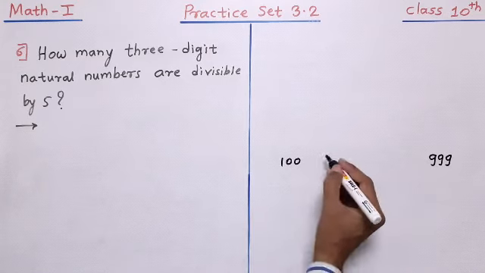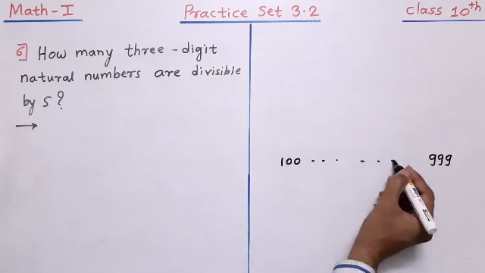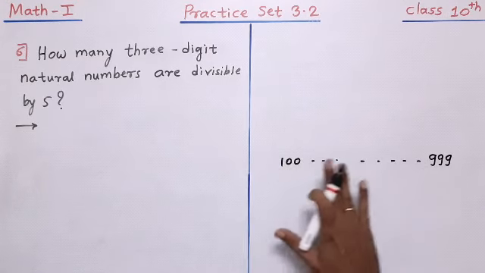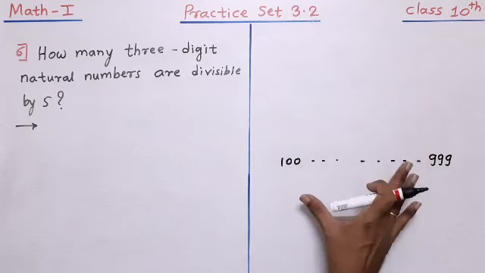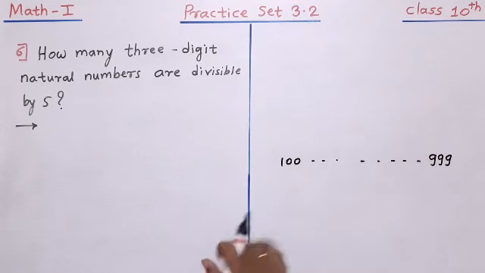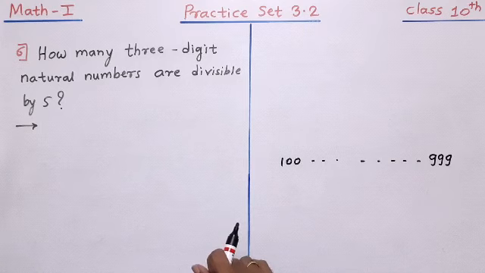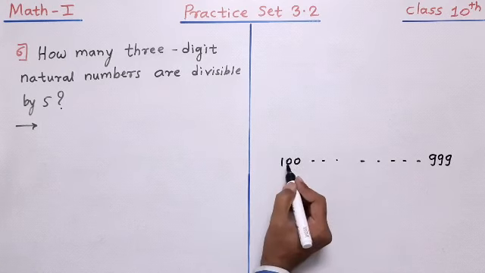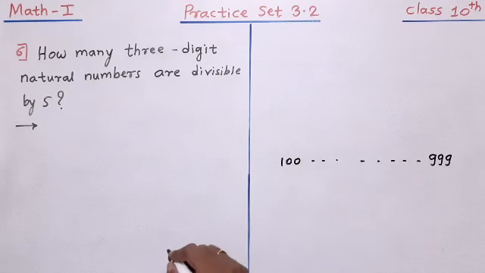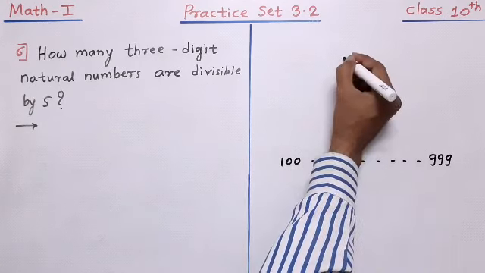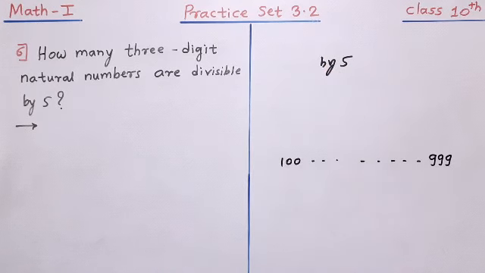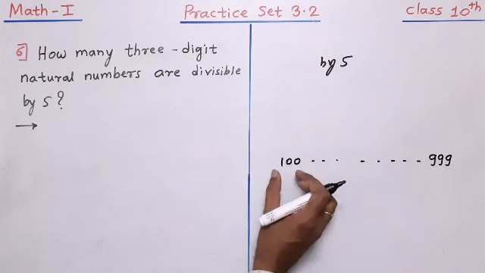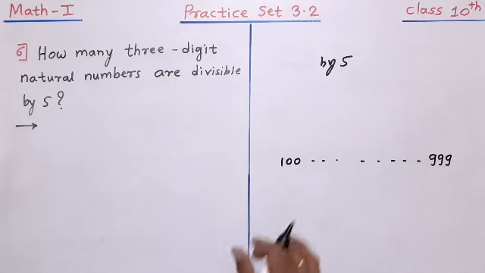Now we have to find all the 3-digit numbers which are divisible by 5 only. How many such numbers are there? Only 3-digit numbers. Now the first number is 100. You should know the test for divisibility by 5, then you can easily identify which numbers are divisible by 5.